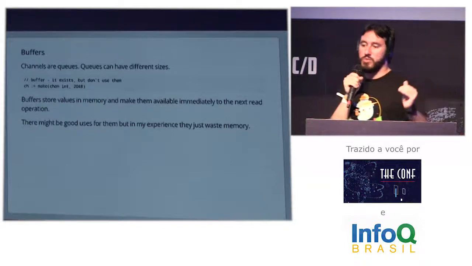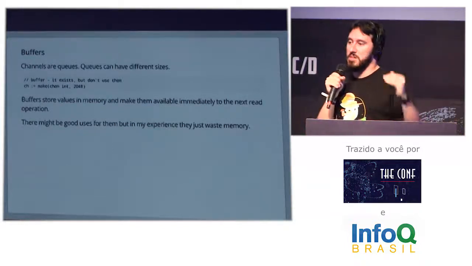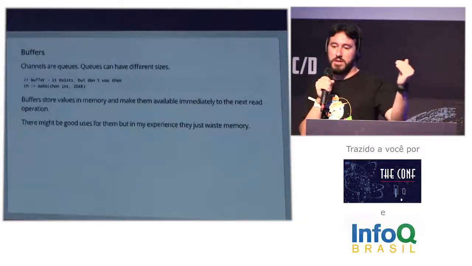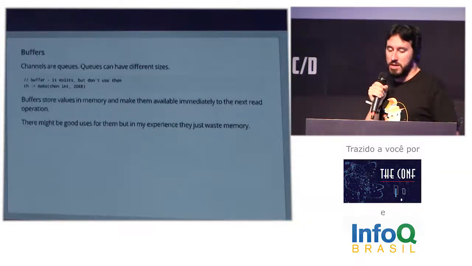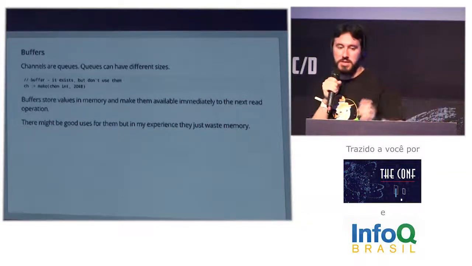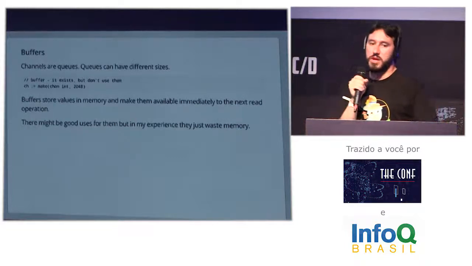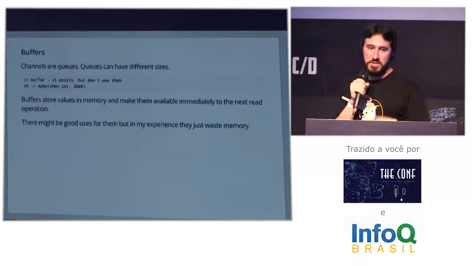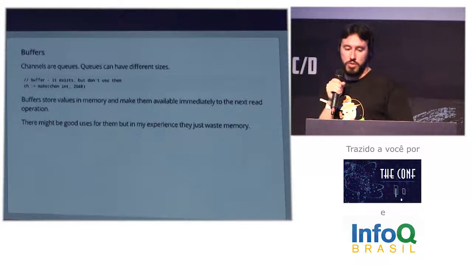But at some point, we will probably reach the maximum capacity of the channel anyway, because the fastest parts of the program will send more data than the rest of the program was able to read. So you would hit, in this example, a full channel with 2048 integers inside of it, and then the program would behave as if it had a channel without any buffers. So it's easier if you just do your program without buffers, and it leads to better memory consumption and programs that are easier to handle.